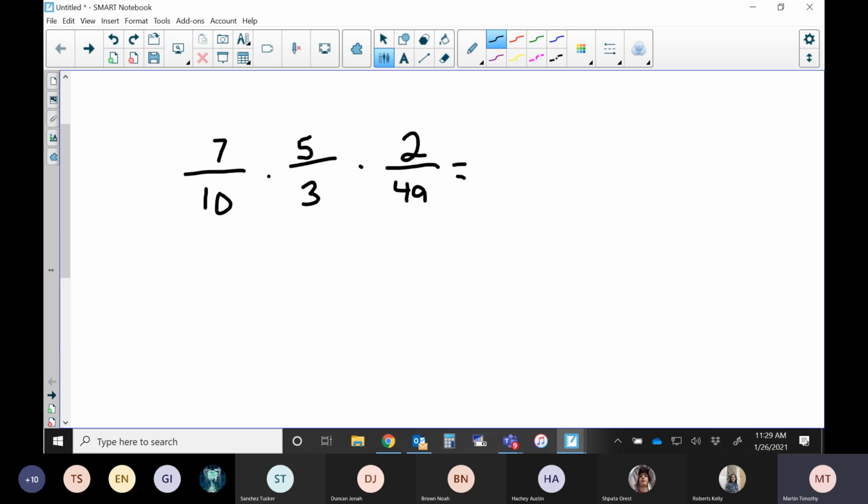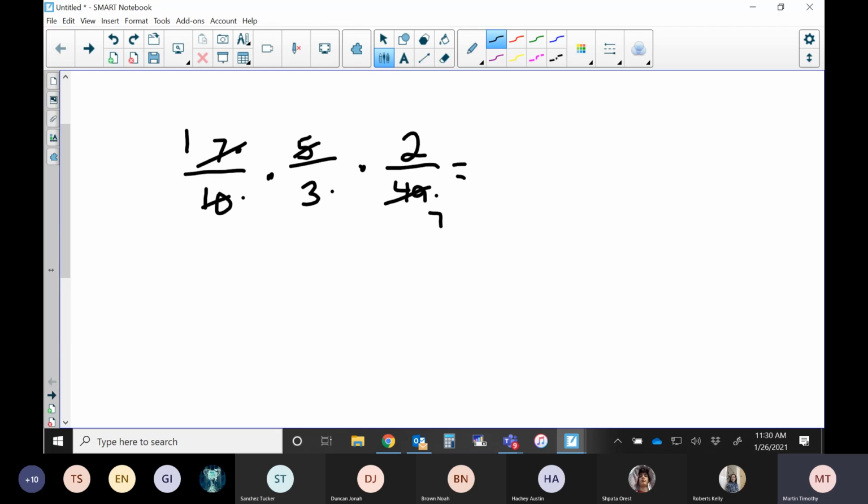You can actually reduce things. The rule is all has to happen is one has to be in the top and one has to be in the bottom, as long as all of this is multiplication, which all it is. So like I look at the 7, I go 7, do you have anything in common with 10? No. Does 7 have anything in common with 3? No. Does 7 have anything in common with 49? Yes. 7 goes into 7 once. 7 goes into that 7 times.